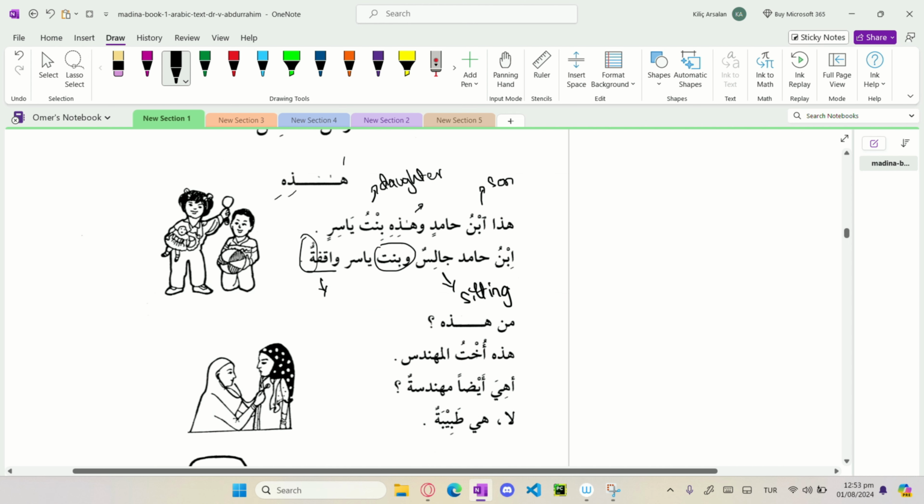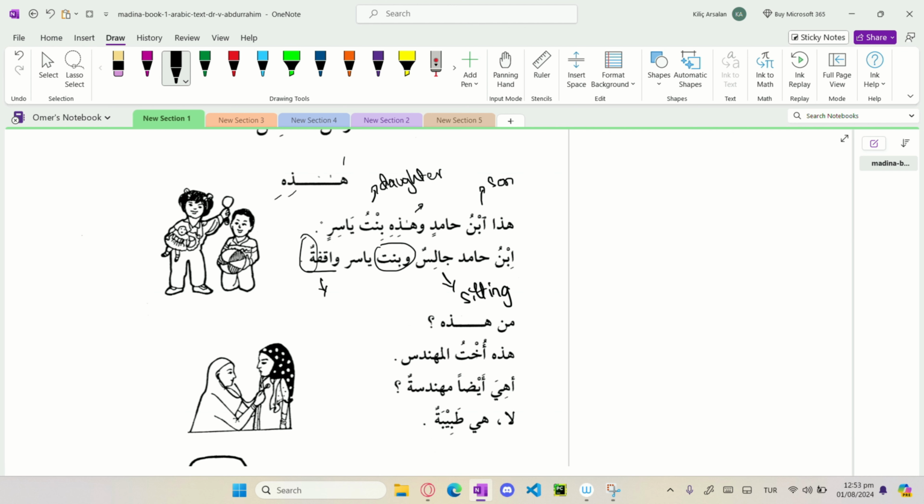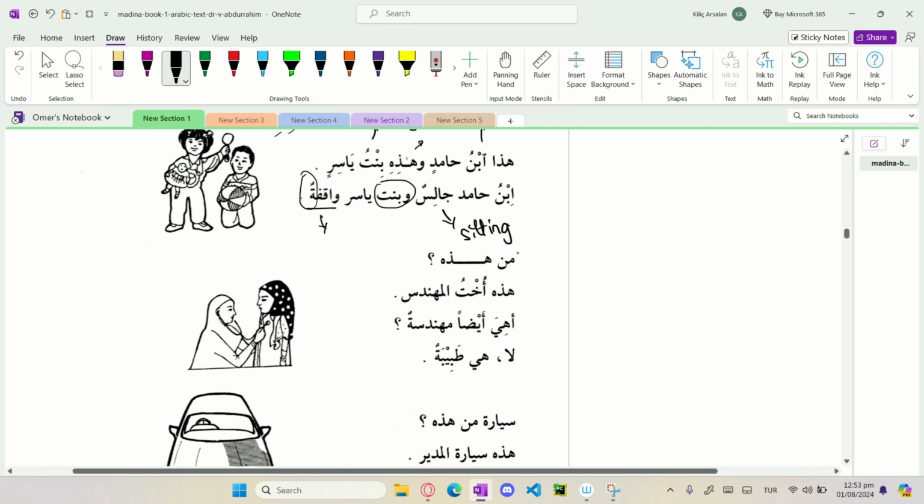And by the way, the tanween rule that we have studied, that for example, it's Zainabu, not Zainabun, so that's only for names. It's not for adjectives, it's only for proper nouns. Man hadhihi, man, who is this? So hadhihi, and there's a very important rule in Arabic.